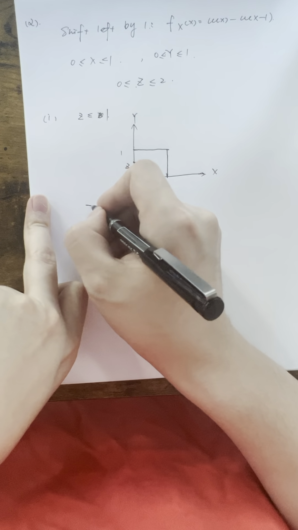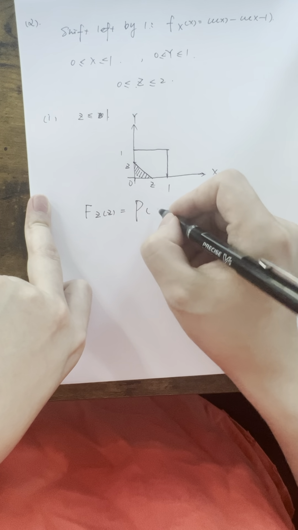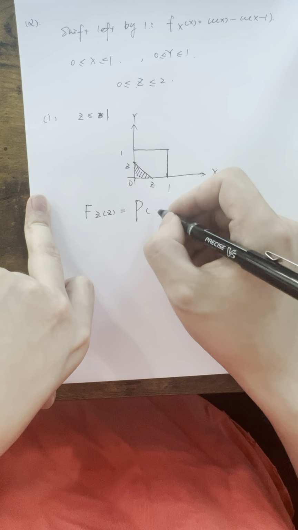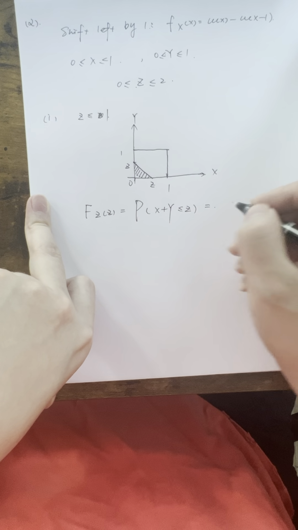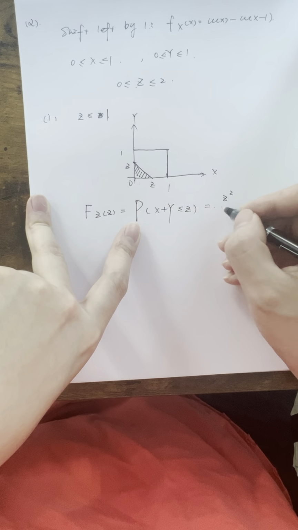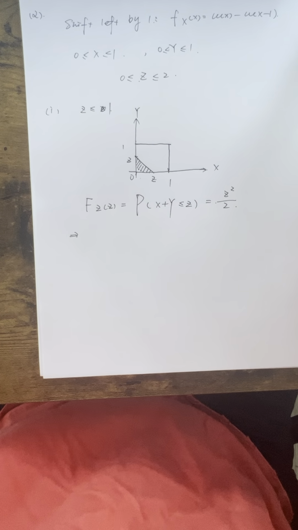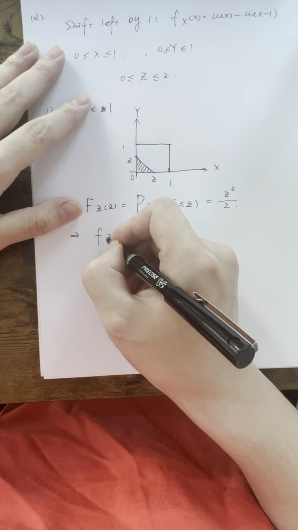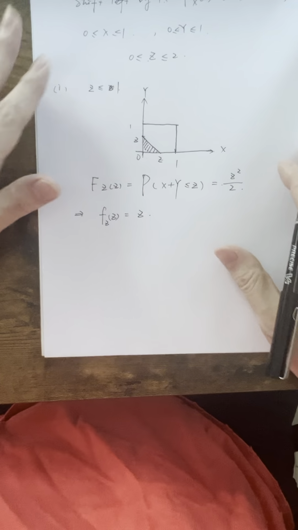It's very easy. F_Z(z) is equal to the probability that x plus y is less than or equal to z, and this is z squared divided by 2. Taking the derivative with respect to z, we can calculate the density function f_Z(z), which is equal to z.